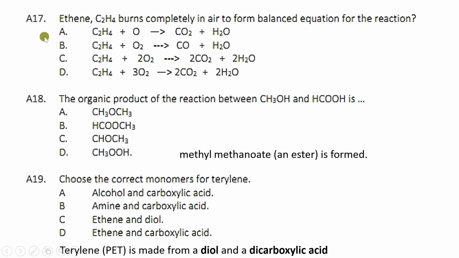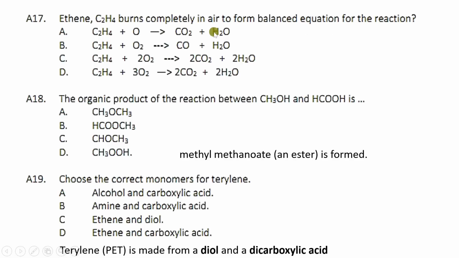Then we go to this question which came in another year. Ethene, which is C2H4, burns completely in air to form carbon dioxide and water. Which of the following is a balanced equation for the reaction?